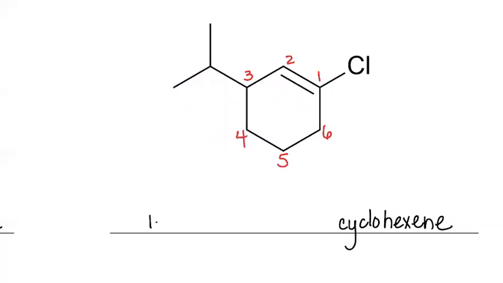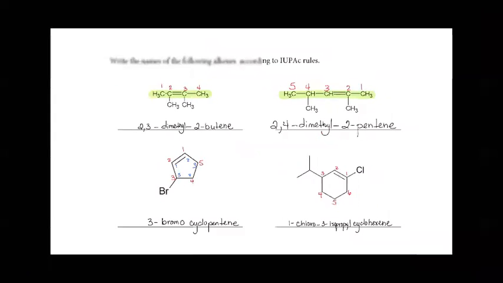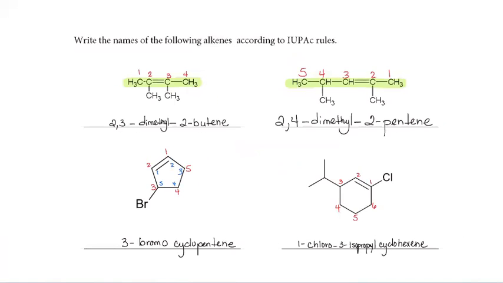So on carbon number 1, we have a chloro group. On carbon number 3, we have an isopropyl group. Questions on naming alkenes or cyclic alkenes?